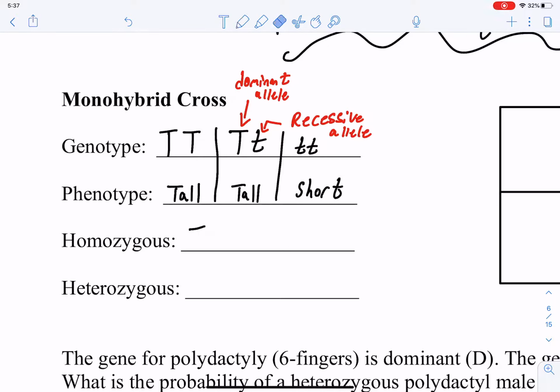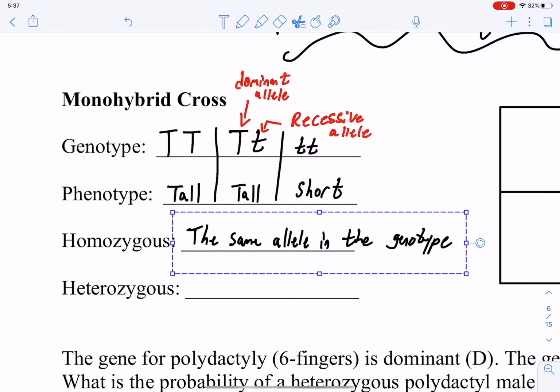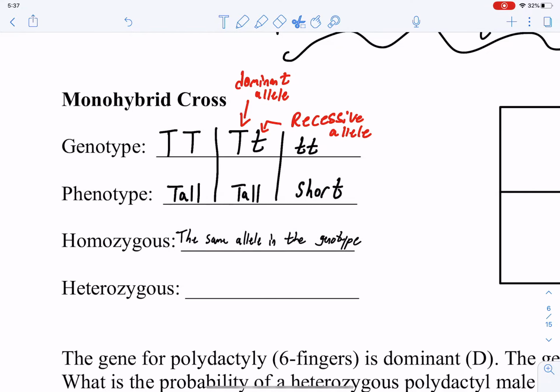Homozygous is when we have the same allele in the genotype. So if we think about an example of that in the above question, we could do big T, big T, or little t, little t. If we just know an organism is homozygous, we don't know exactly if it's homozygous dominant or homozygous recessive.